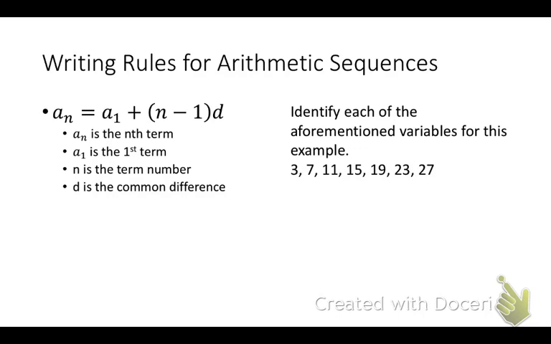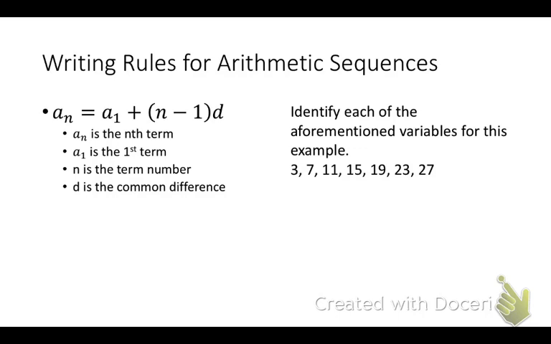So when you write a rule for an arithmetic sequence, again, it is going to look like a linear function. It's going to have a slope and a y-intercept. An arithmetic sequence is really just the fancy way of saying you've got a straight line here: a constant rate of change that starts at a certain value. We'll find that value.